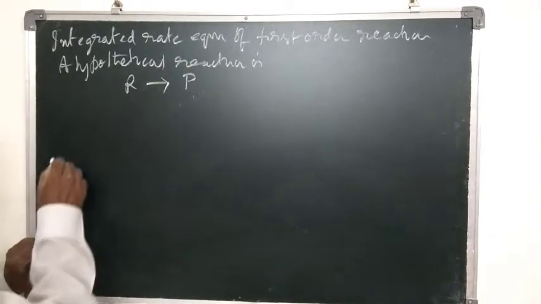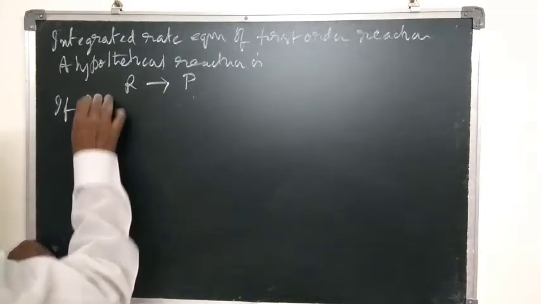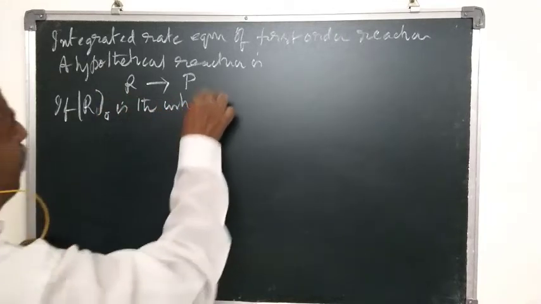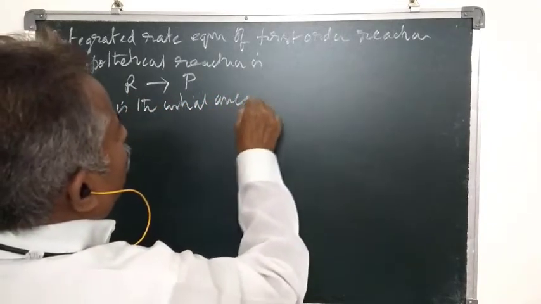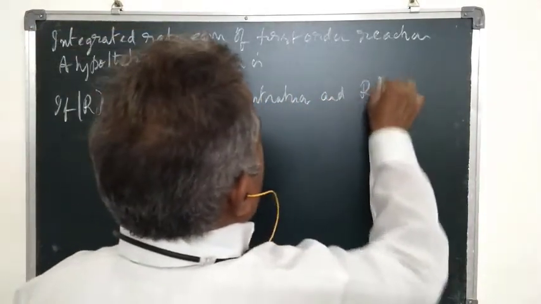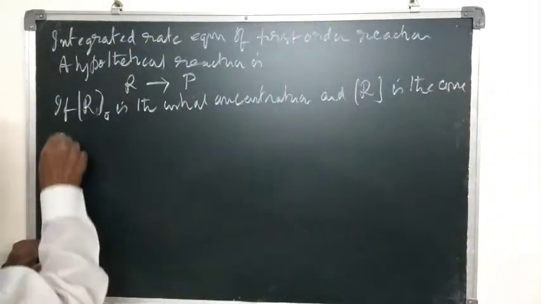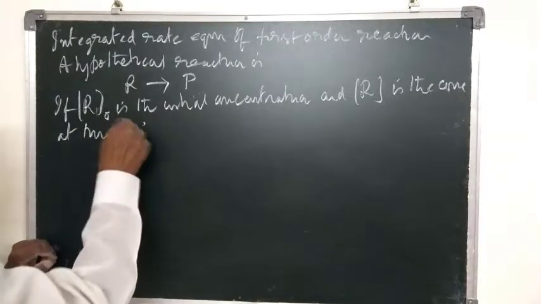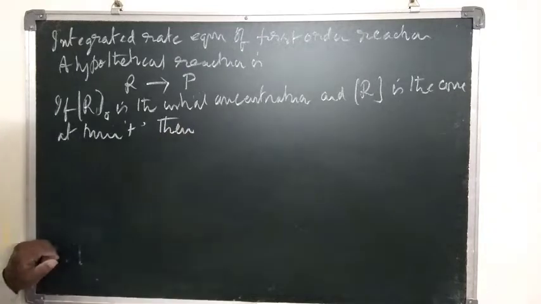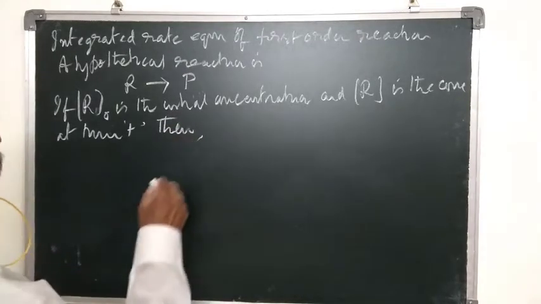Now, if R0 is the initial concentration and R is the concentration at time t, now we have a rate.